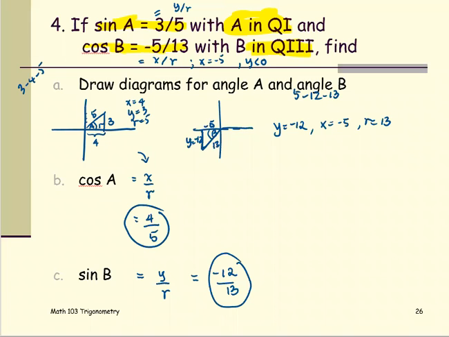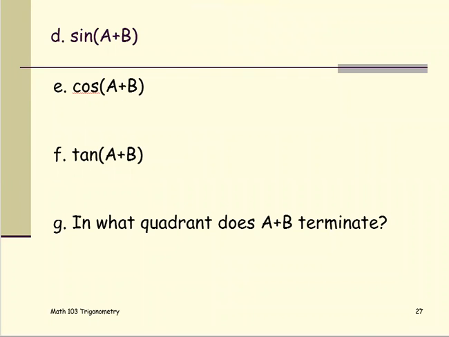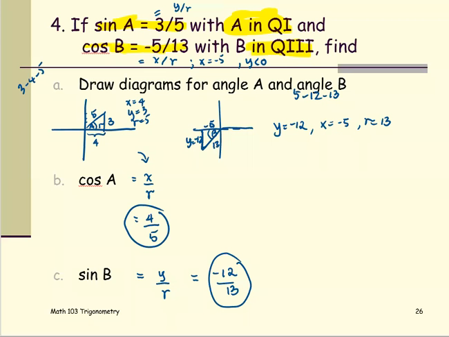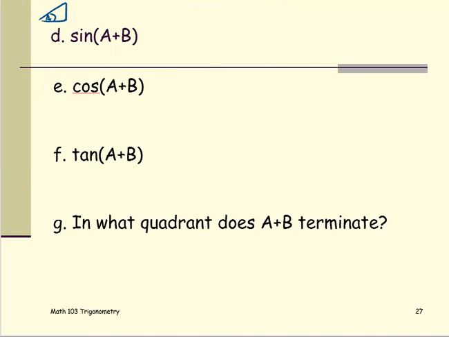The next part, we're going to use them to find sine of A plus B. I'm going to draw the triangles for angle A and angle B again. For angle A, the base is 4, this is 3, and this is 5.